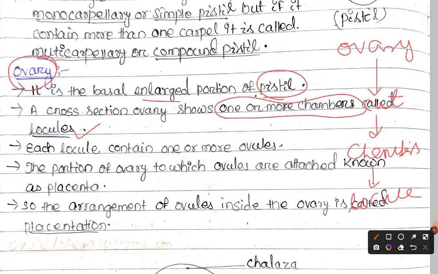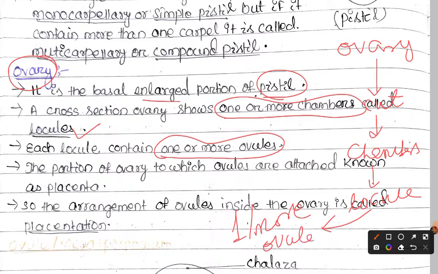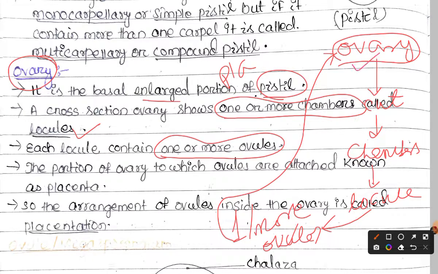Inside the locule, one or more ovules are present. The ovules are connected with the ovary by means of placenta. The region at which the ovule is connected with the ovary is known as placenta.